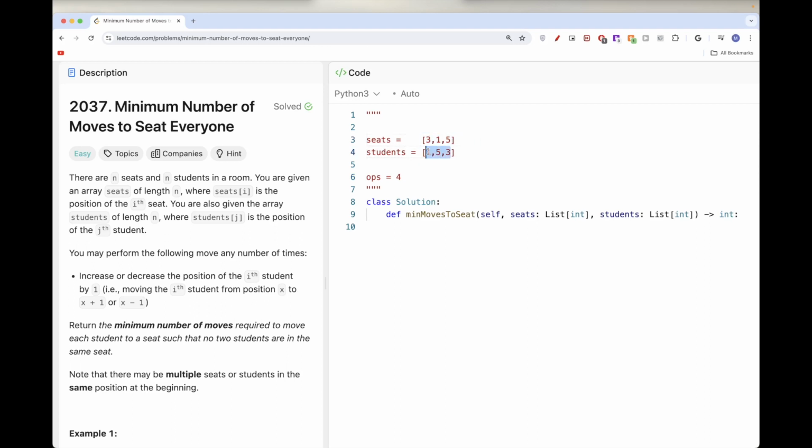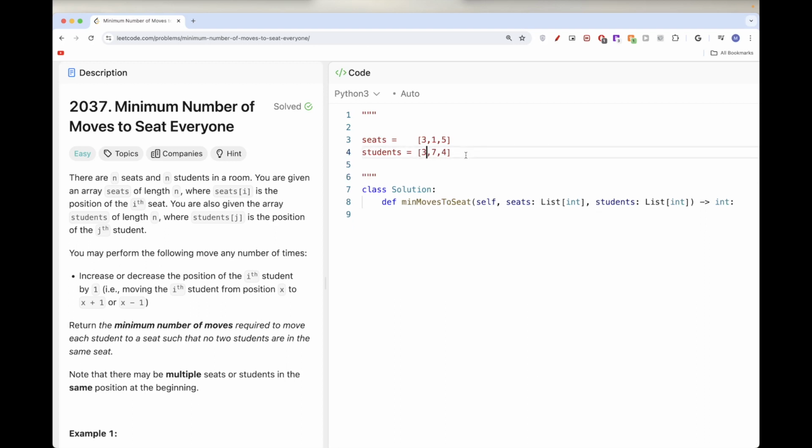Now they are all seated in the seats, right? Now, one thing you may have noticed is that for 2, even though the distance between it and 3 and between it and 1 is 1 in both directions, it makes more sense to put it in 1 so that we leave 3 for 4, right?